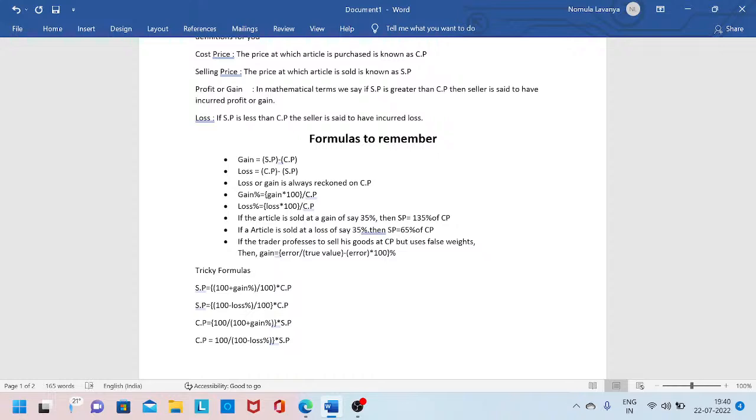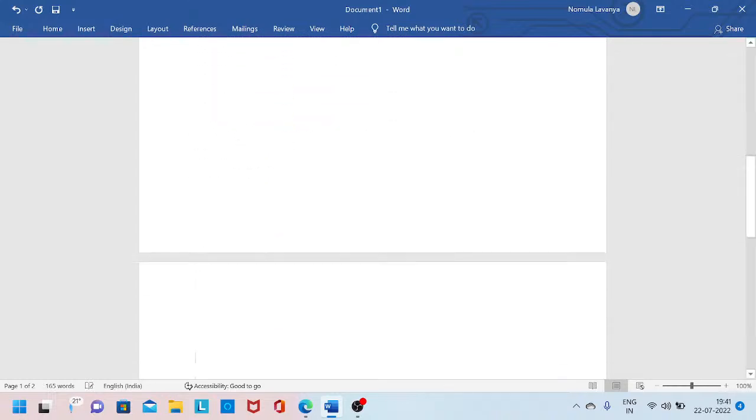And if a price first increases by X percent and then decreases by Y percent, the final change percent in the price is X minus Y minus XY by 100. If the price of a commodity is increased or decreased by A, then by what percent should consumption be changed to keep the expenditure the same: 100 into A slash 100 minus A. So these are some tricky formulas. Let us have some examples now.